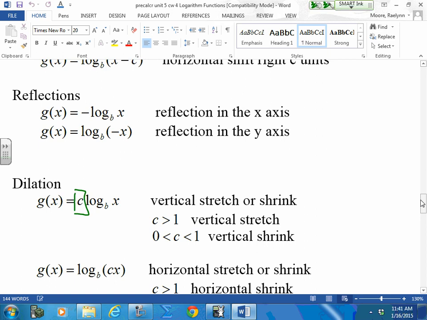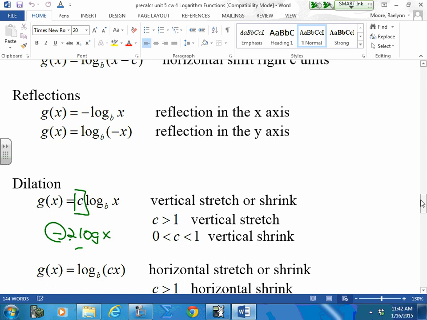If it's between 0 and 1, a fraction, then you took a fraction of it. It's a vertical shrink. A negative in front of this will have a reflection and a dilation. There's never a negative dilation. It's a reflection and a dilation stretch by a factor of 2.